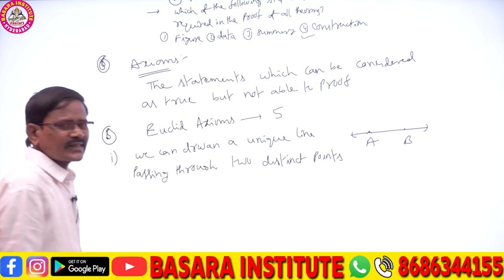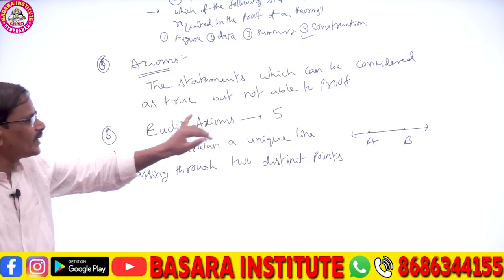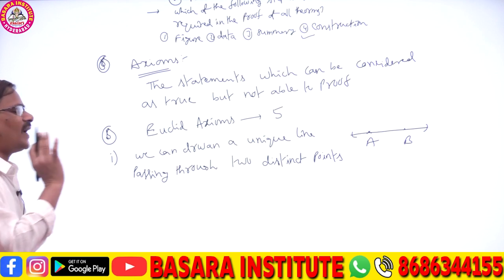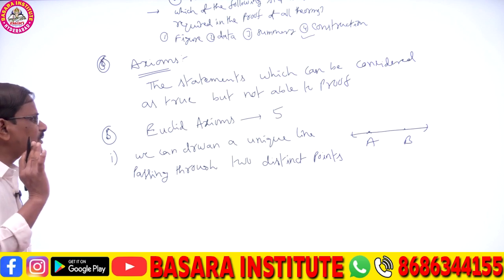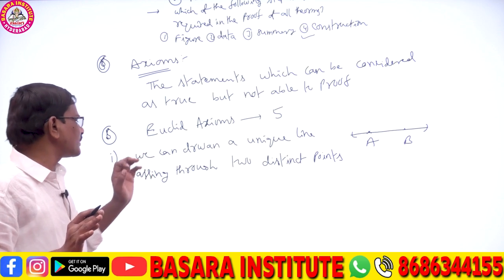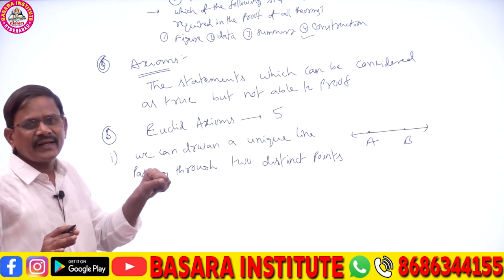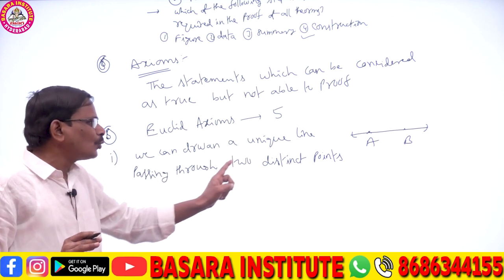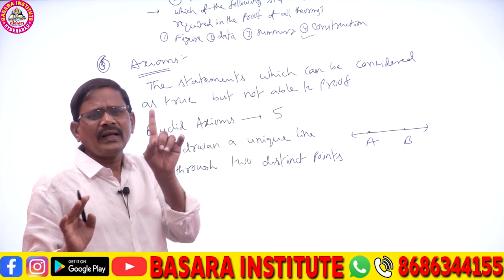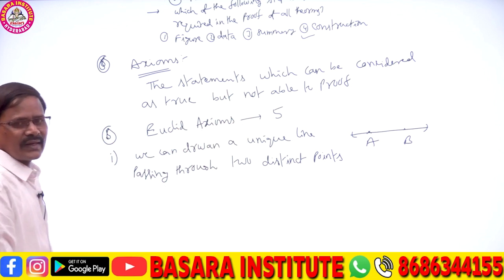Actually axioms means the statements which can be considered as true but not able to prove. Euclid axioms are 5 in number. The first one is, we can draw a unique straight line passing through 2 distinct points. We take any 2 distinct points in the plane, then we draw only one straight line passing through those 2 points. So that is the first axiom.